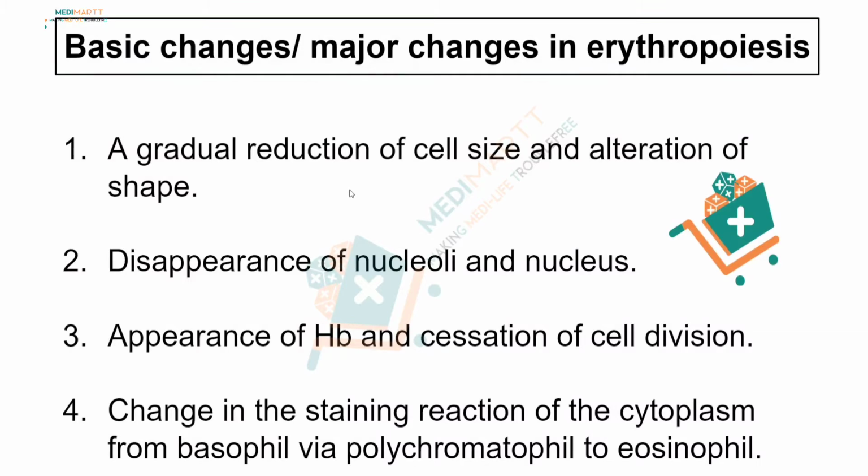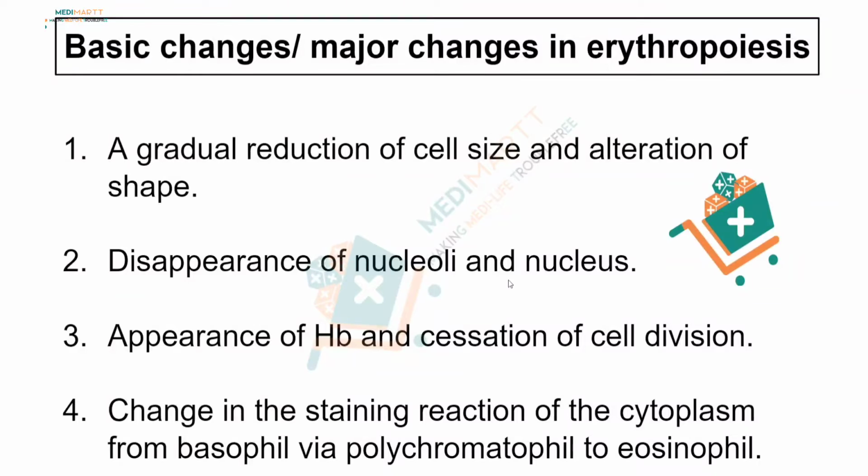As we saw, in the pro-normoblast or pro-erythroblast the cell size was 15 to 20 micron in diameter, and it was gradually reducing. So a gradual reduction of cell size and alteration of shape will occur. Then the disappearance of the nucleus: we saw that degeneration of the nucleus occurs.